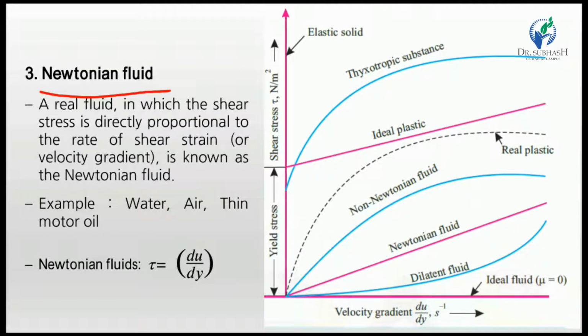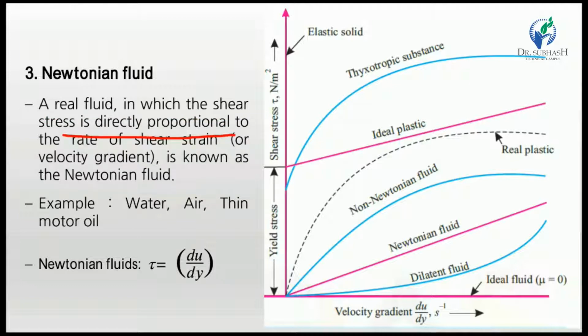Next is a Newtonian fluid, a real fluid in which the shear stress is directly proportional to the rate of shear strain, or velocity gradient, is known as a Newtonian fluid. So in short, if the shear stress is directly proportional to the shear strain rate, then the fluid is a Newtonian fluid.